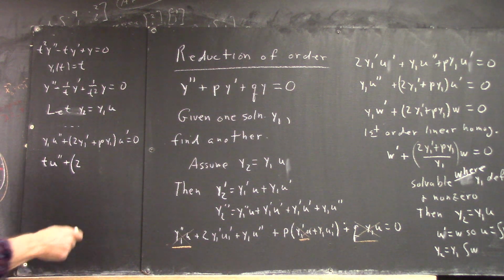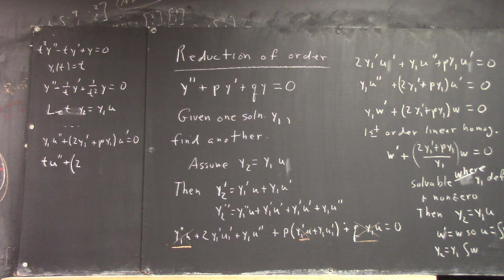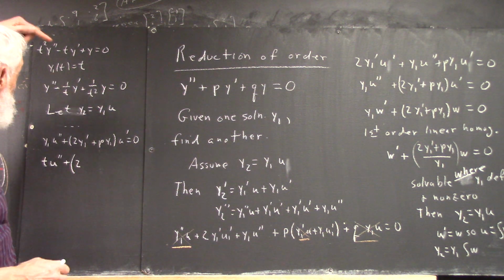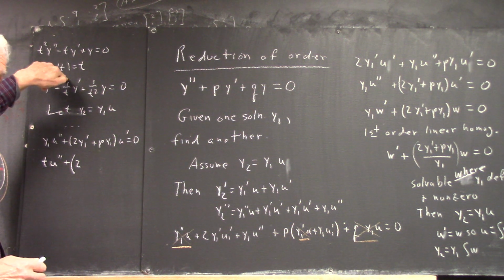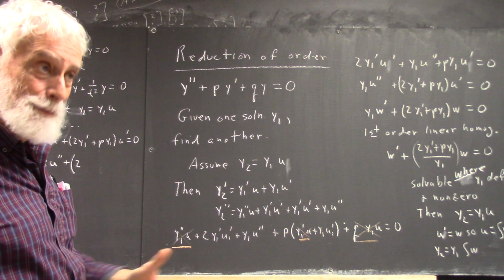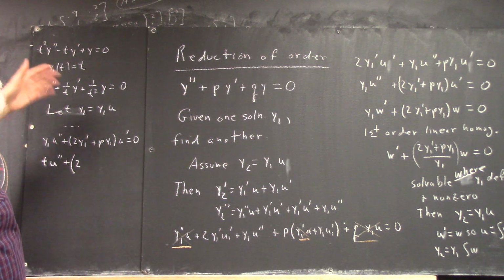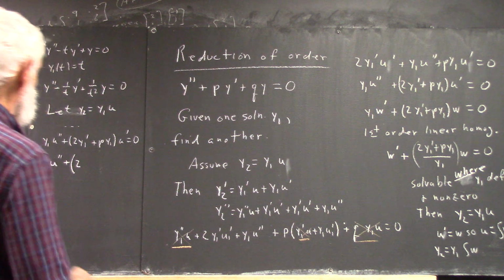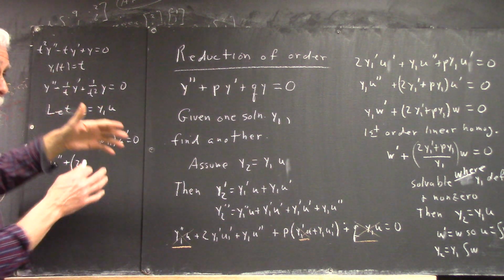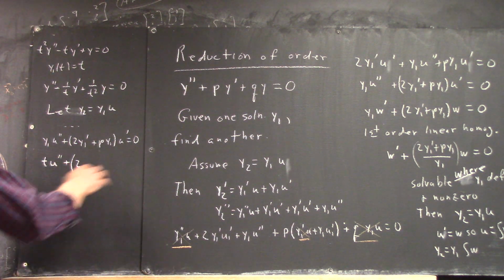Why does q not have any impact on the solution? It doesn't matter for the reduction of order. Q influences what this function would be. Once you have this function, for reasons we really don't want to take the time to explore, but it's worth thinking about, it becomes irrelevant. Okay? I'd have to think to explain why, and since you asked, I'll probably think about it, but for right now, we'll just stick with this.